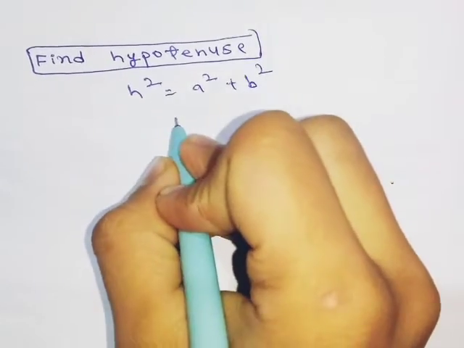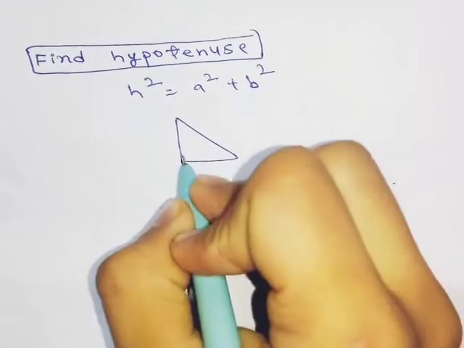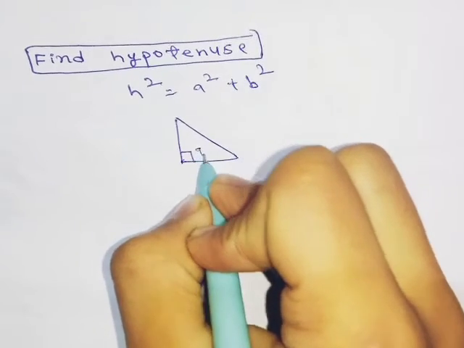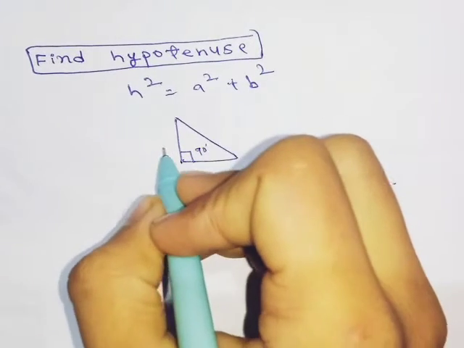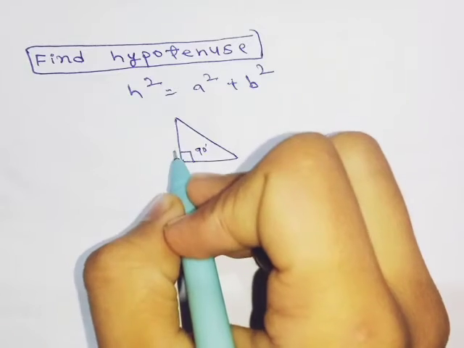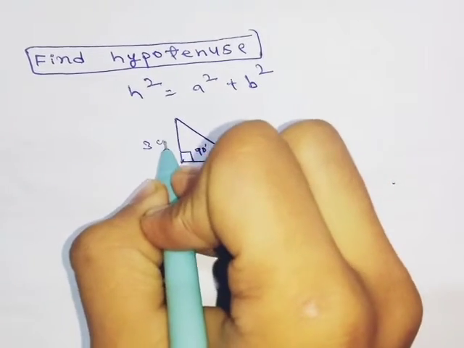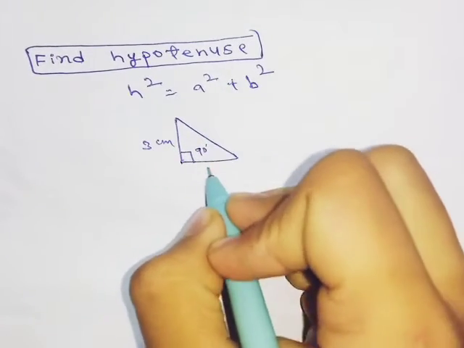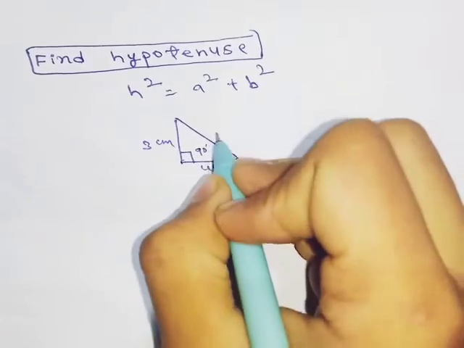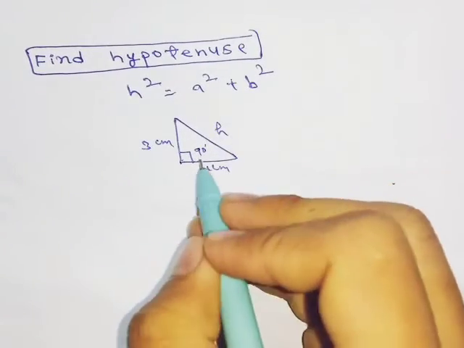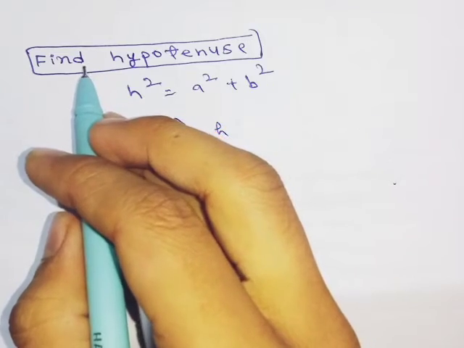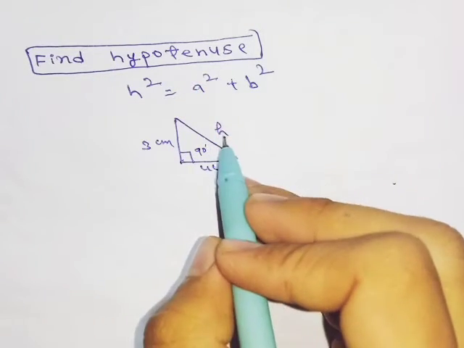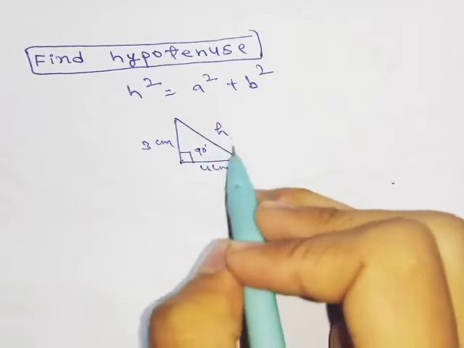So this is a right angle triangle. Here it is 90 degree, and the altitude is given as 3 centimeter. The base is given as 4 centimeter, and the hypotenuse is not given. Here it is said to find the hypotenuse. We have to find the value of the hypotenuse.